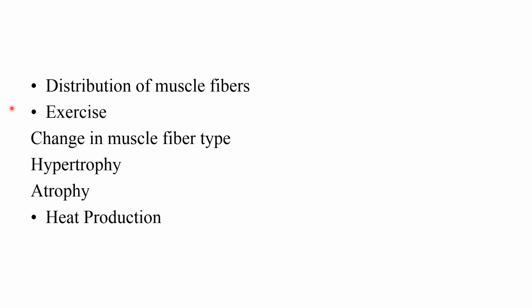Atrophy: if a muscle is not used, then sarcomeres will be removed from muscles, the myofibrils will decrease, and the number of blood vessels will also decrease, and the muscle size will decrease as a whole. So that condition is called atrophy. If a muscle is used regularly, then its size will increase, that is called hypertrophy.